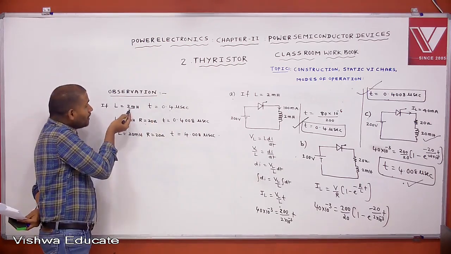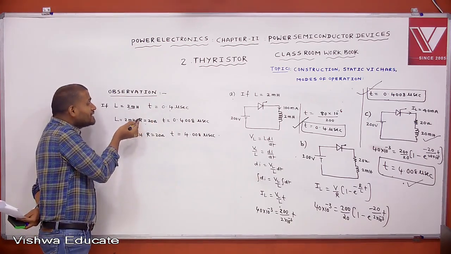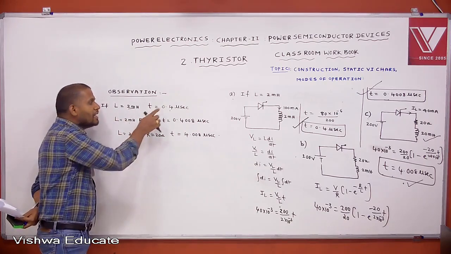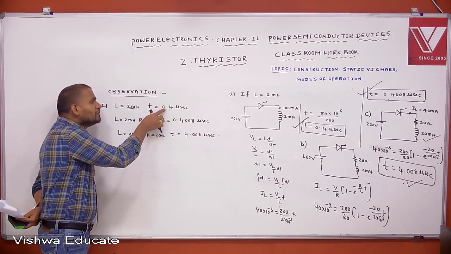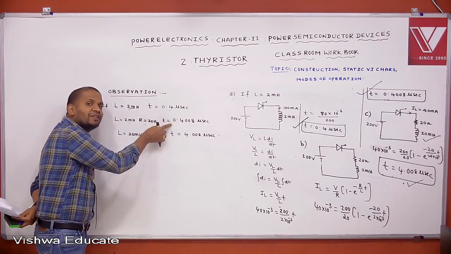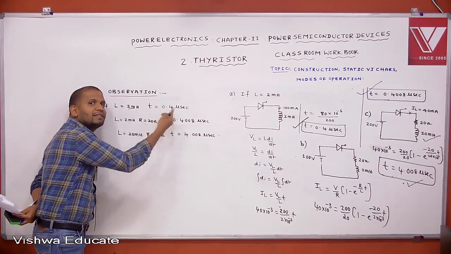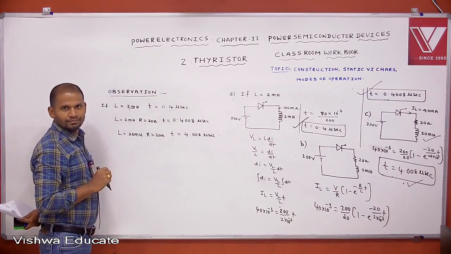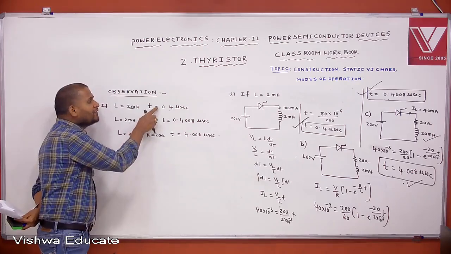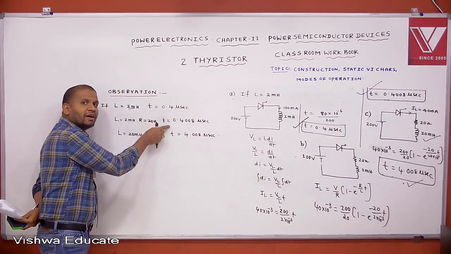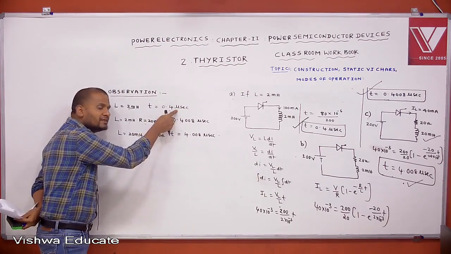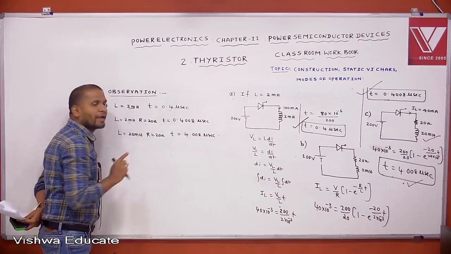That means even though resistance is added, the effect of resistance on the gate pulse width, that is the gate on time, is negligible. It is nearly equal to 0.4 microseconds.